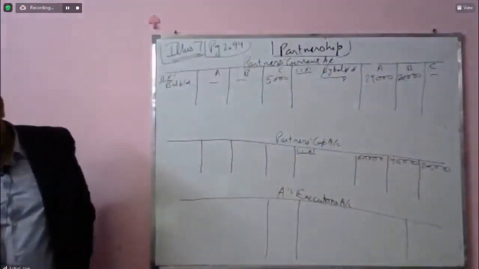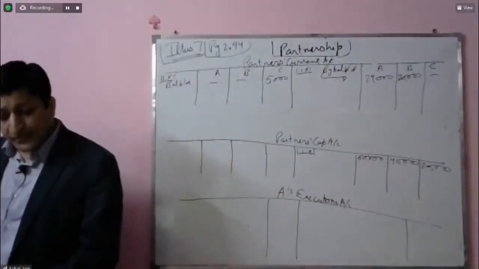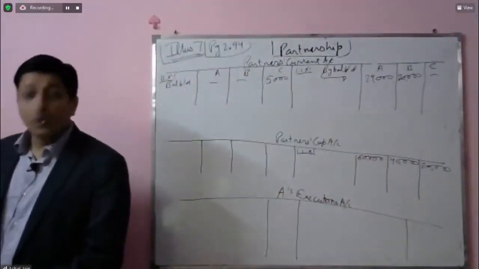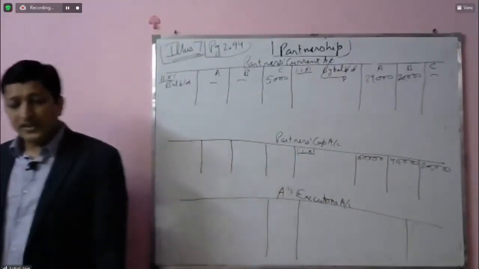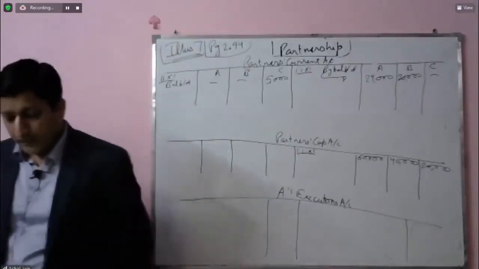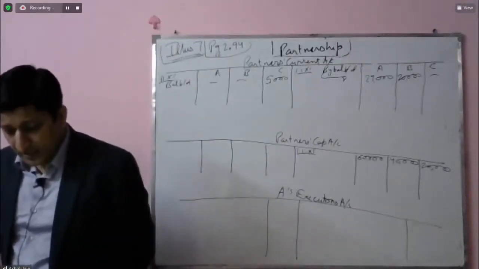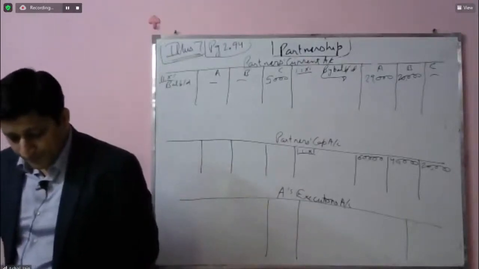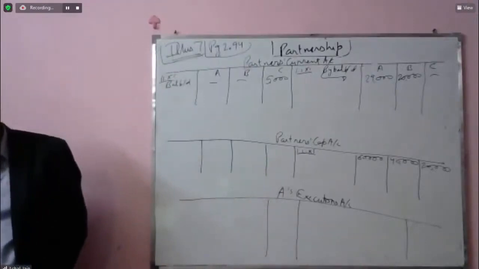Then moving further, what's the first adjustment? It's for goodwill. First adjustment will be for goodwill. So if you'll see the adjustment for goodwill, what's the adjustment for goodwill? So 20,000.